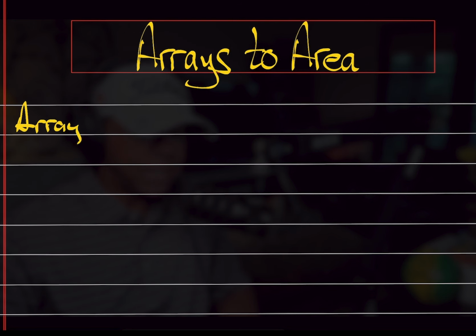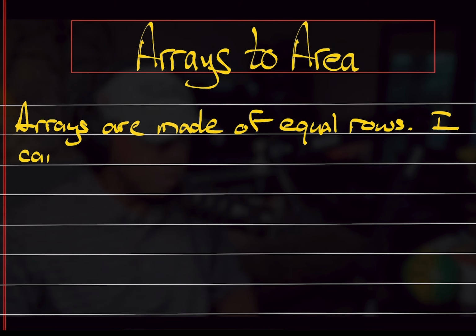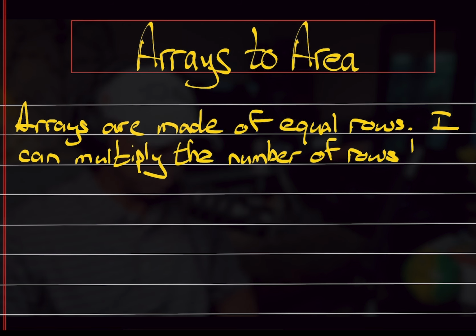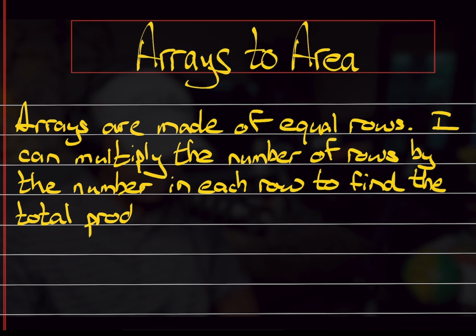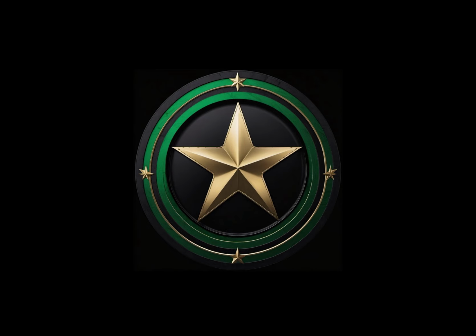Arrays are made of equal rows. I can multiply the number of rows by the number of items in each row to find out how many things there are in total, the total product. These stars, conveniently, are arranged in equal rows.